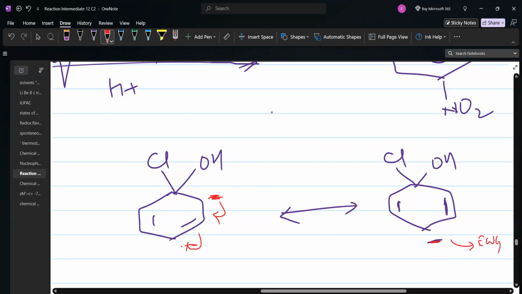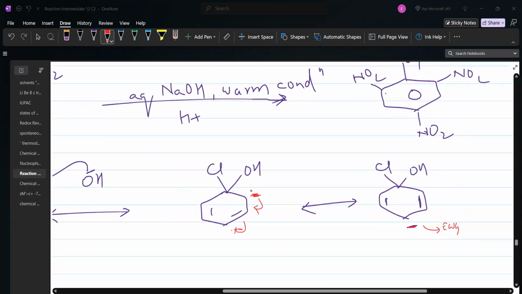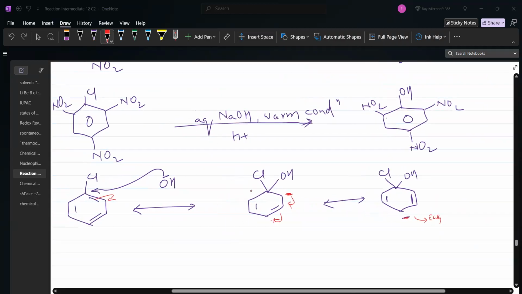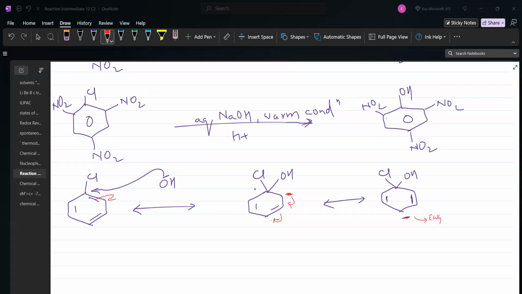That is why it is quite understandable that electron withdrawing groups promote this reaction, right? In a similar way, this will attack here, and chlorine will leave, and finally the product will be formed. Have you understood this?